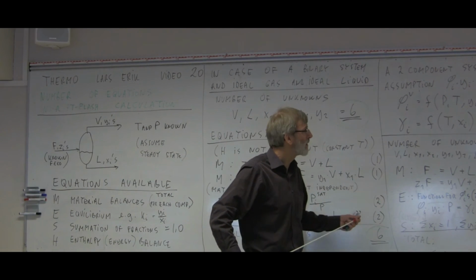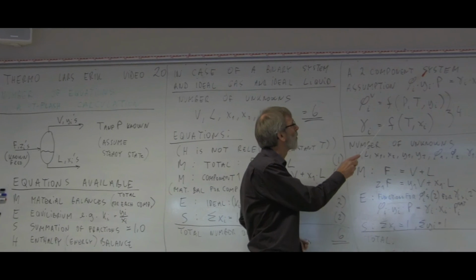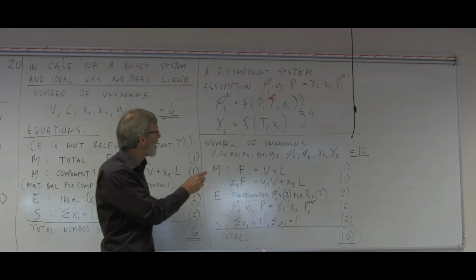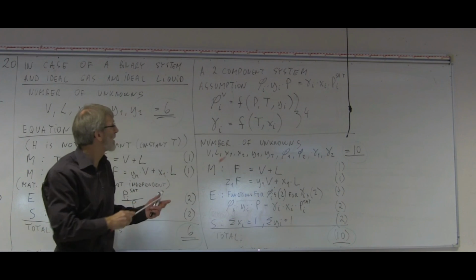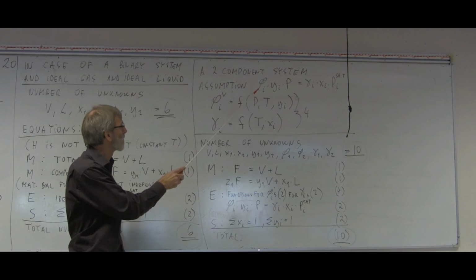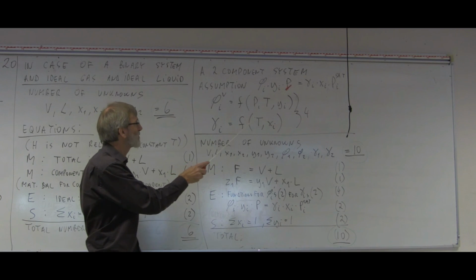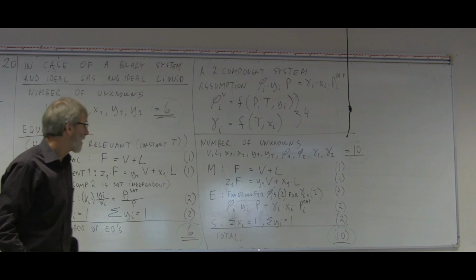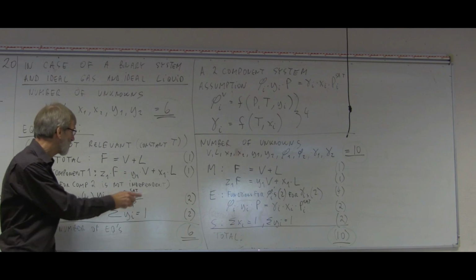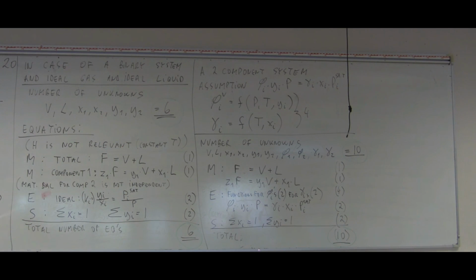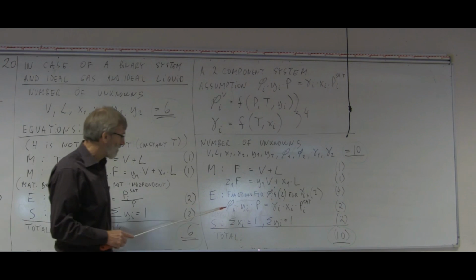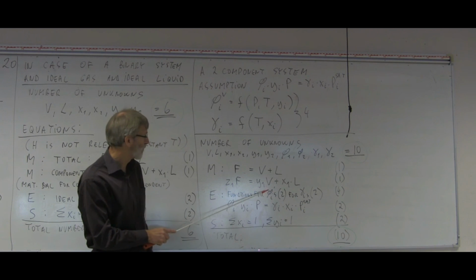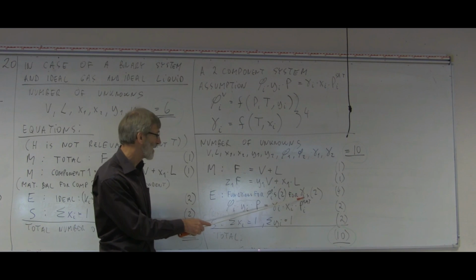If we take the non-ideal example defined by this equation, introducing fugacity coefficients and activity coefficients that we don't know, then we have the same equations as in the ideal case, but we have functions for the fugacity coefficients and for the activity coefficients.